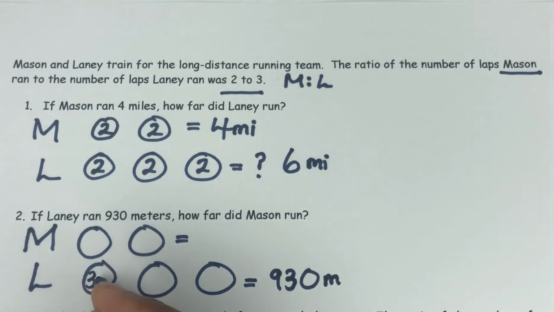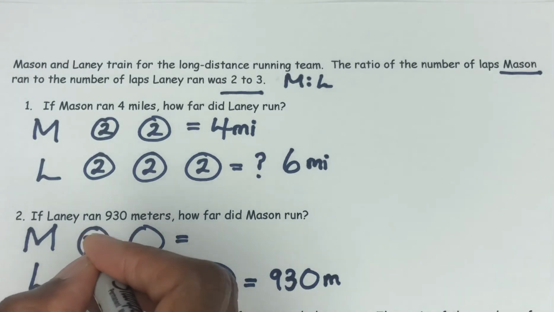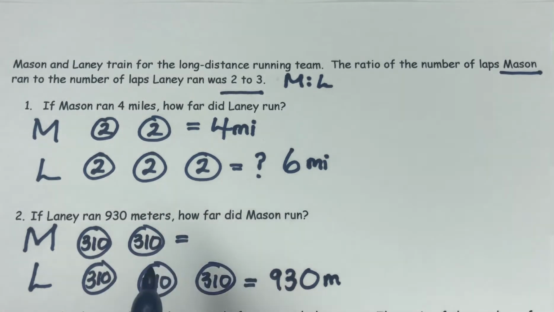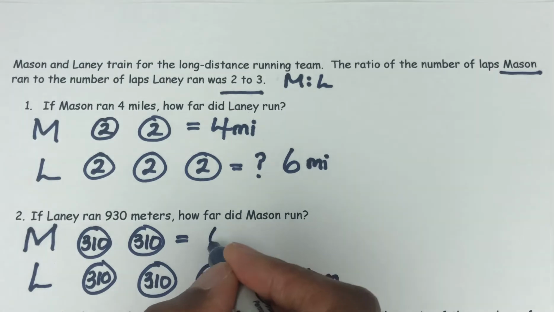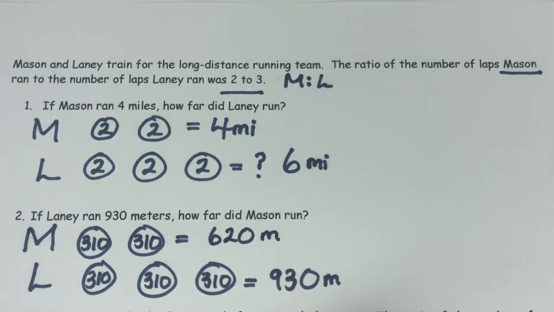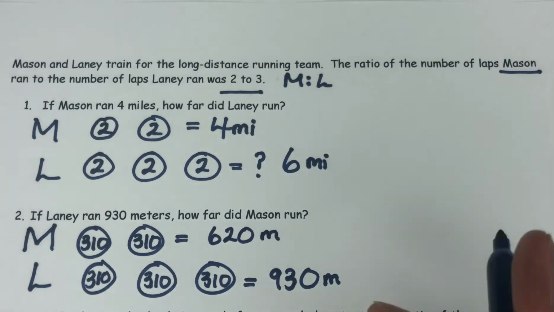So that would be 310 each, right? So 3, 6, 9, that will give us the 900, 10, 20, 30. So 930. And when you fill in the areas here, everything gets the same amount, right? So this is also 310. So now you can clearly see then that Mason ran, what did he run? 620 meters. All right, keep it nice and visual.